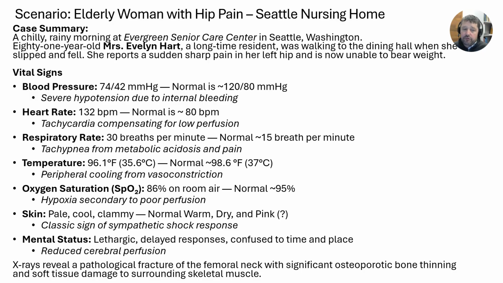Okay, so she fell, but because of maybe osteoporosis or at least decreased bone thickness, the fracture might have happened easier. And then couple that with bleeding in the region, so capillary beds being burst and things like that. You could definitely have some soft tissue damage, and then skeletal muscle could be damaged in the region.